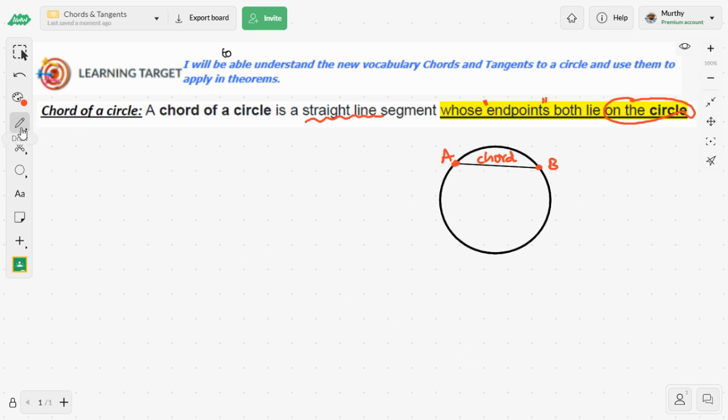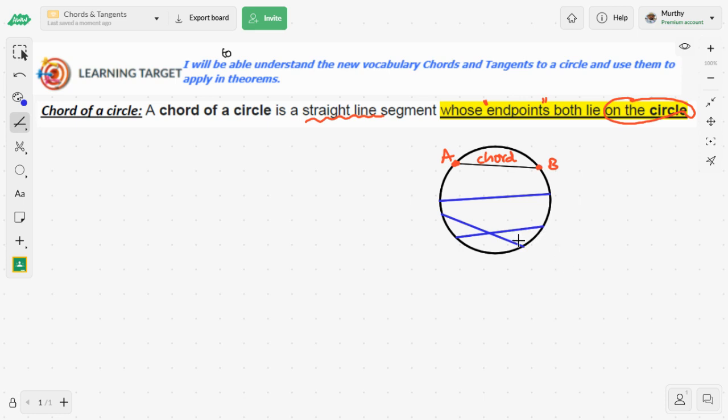So how many chords can be drawn? You can draw any number of chords. Say that this is another chord. Please remember that both the endpoints are on the circle. So these all are chords.